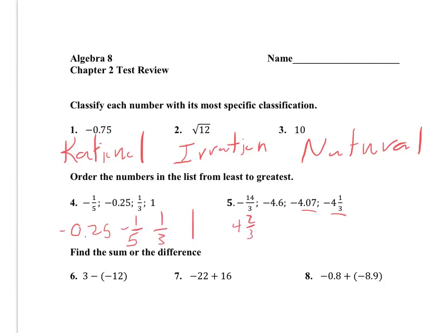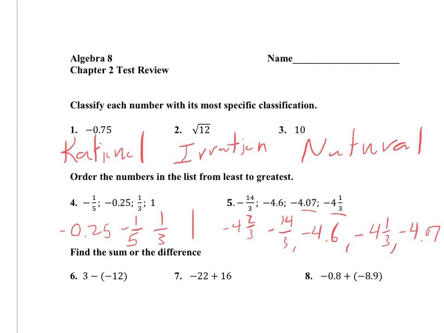So that's negative 4 and 2/3, which is 4.6 repeating. So this one's the smallest, negative 14/3, then it's negative 4.6, then it would be negative 4 1/3, because that's negative 4.3 repeating, and then finally negative 4.07.